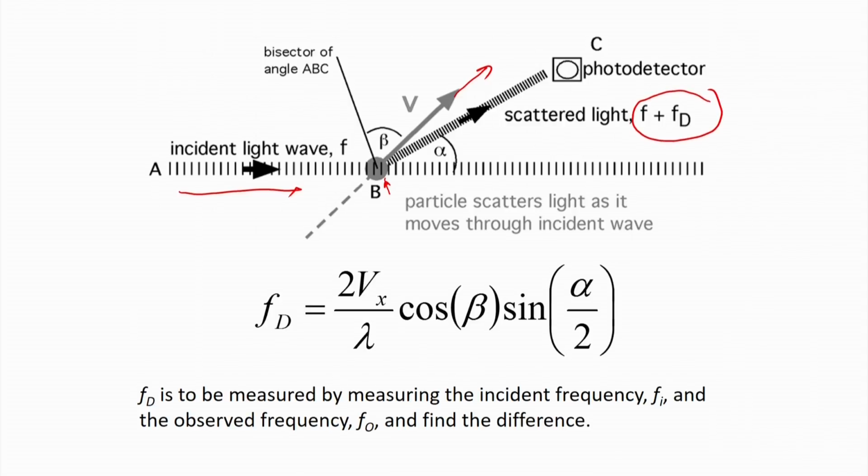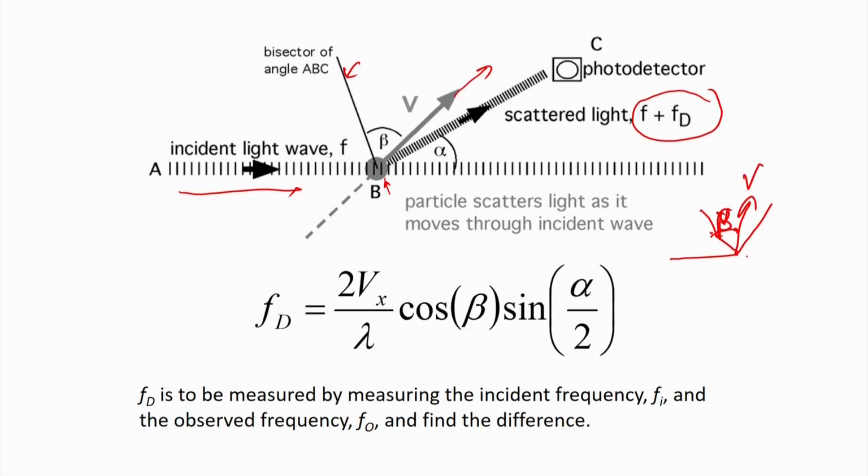Okay. And let us assume this is alpha, where alpha is the angle between A, B and C, meaning the angle between the incident light and the photodetector. Beta is the angle with the line which bisects this ABC. So, suppose this is ABC, and the line which bisects it is given by this, and this is the velocity V. Okay, that is the angle, sorry, beta.